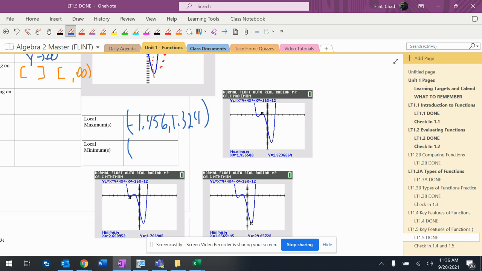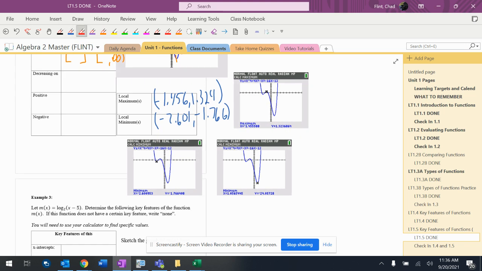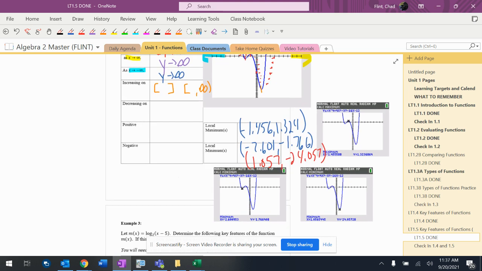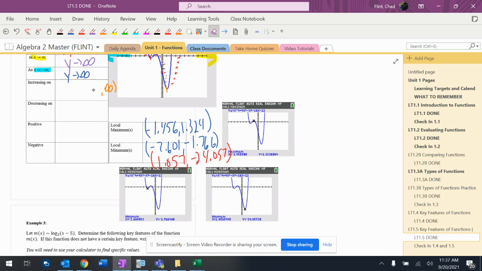The minimums are negative 2.601, negative 1.766, and the other minimum is 1.057, negative 24.057. All right, so there's my maximum and minimum, because now I can come over here and I can tell when it's actually increasing and decreasing, and I definitely did not leave myself enough room there.